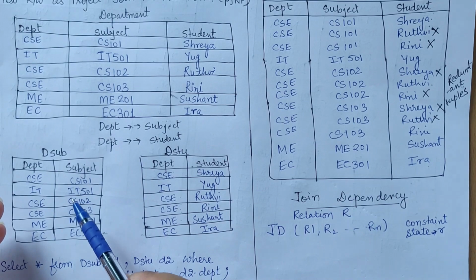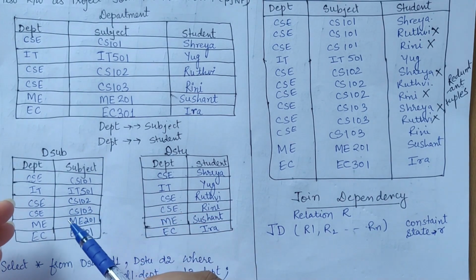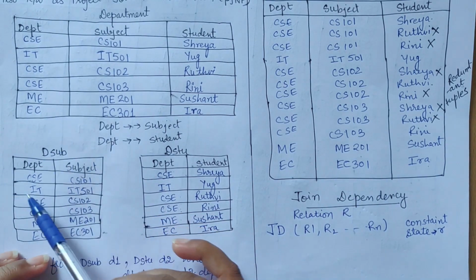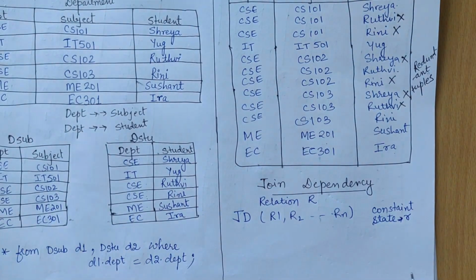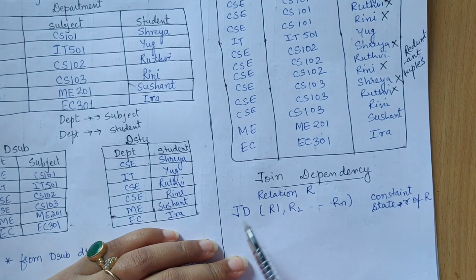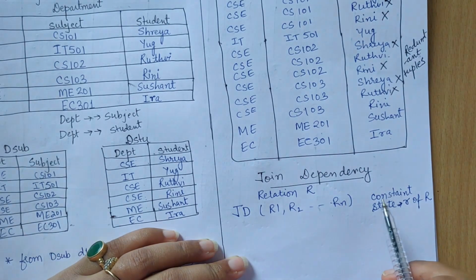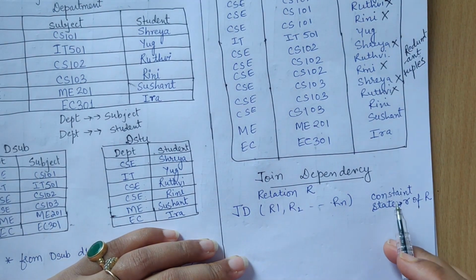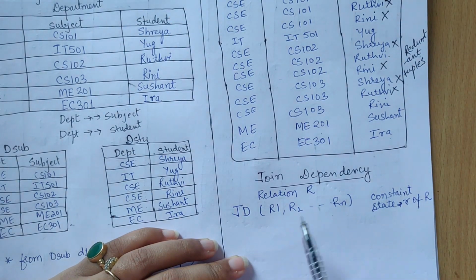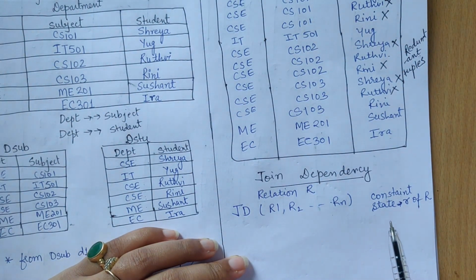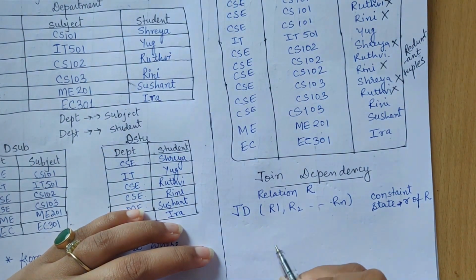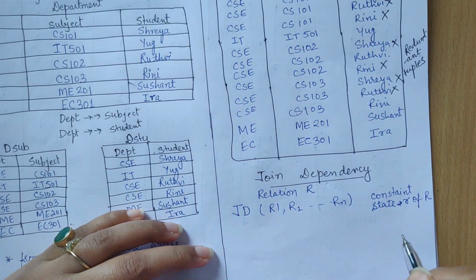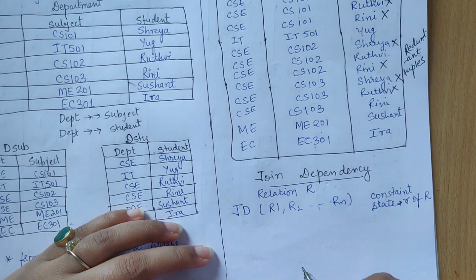A few functional dependencies go to D subject, a few functional dependencies go to D student. Fine. So we are considering that for every such constraint there is a lossless join. So when we try to recreate the table, we are able to create the relation R again.